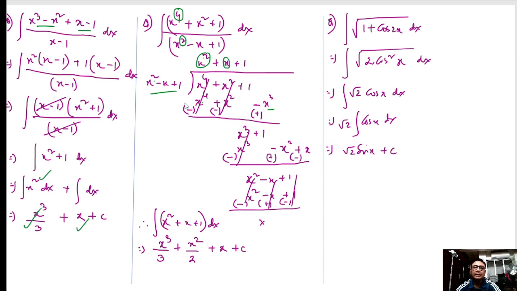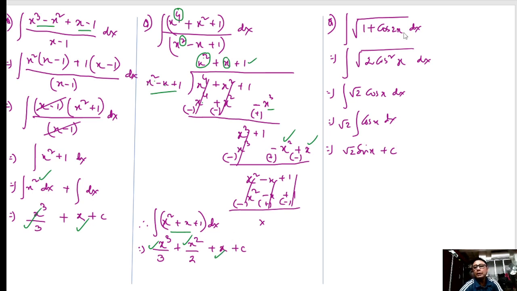X into minus x is minus x square. X into plus 1 is plus x. Changing the sign, this cuts. It is minus x square minus x plus x square minus x. Now it will go with 1 time. So all things cut out. So basically this means this. So integration of x square is x cube by 3. Integration of x is x square by 2. Integration of dx is x.